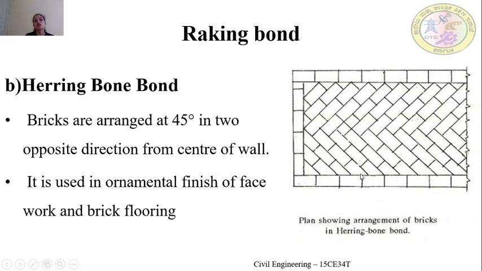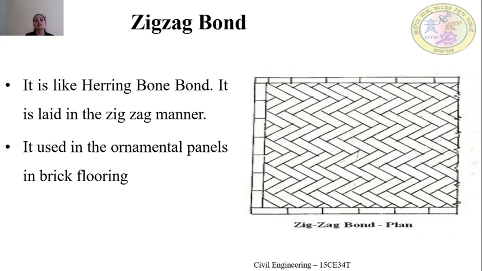But in herringbone bond, the bricks are arranged at 45-degree from the center, in two opposite directions from the center of the wall. Usually, herringbone bond is utilized in ornamental finishes of face work or brick flooring.